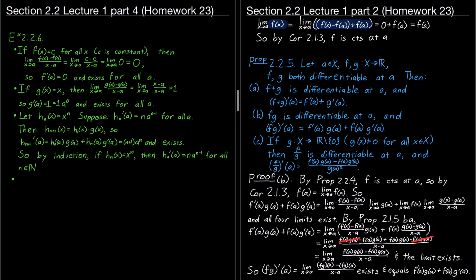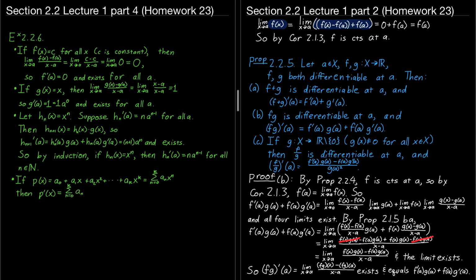And then last of all, if p is a polynomial, p of x is some constant plus some other constant times x plus some constant times x squared up to some constant times x to the k, then p prime of, well, I really don't want to call it a now, I'll just say p prime of x is the sum from n equals 0 to k.